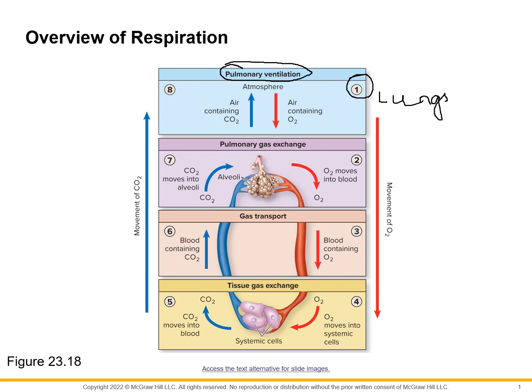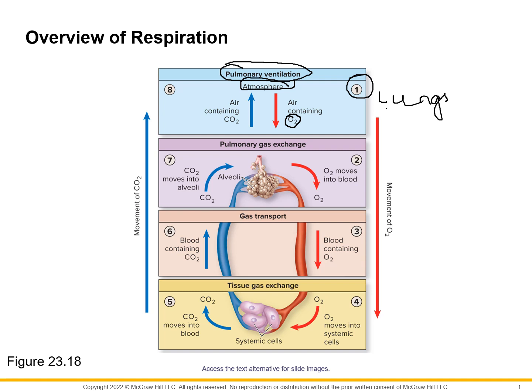So as you inhale, your thoracic cavity expands and air, which contains O2, which is oxygen gas. Air contains a mixture of gases, and O2, or oxygen, is just one of them. So oxygen enters from Earth's atmosphere into lungs in the first step.